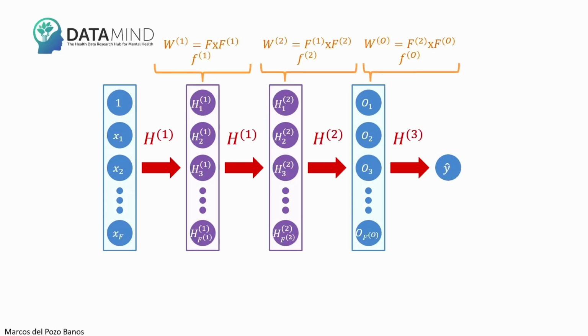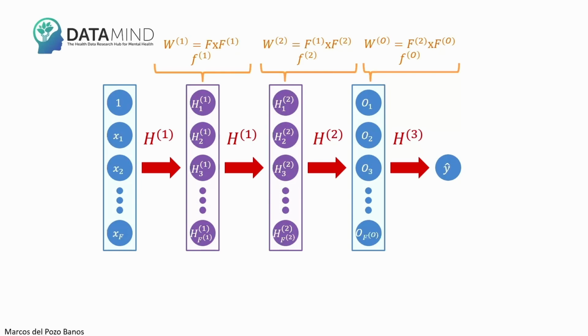Now, bear with me as we go through the mathematics behind artificial neural networks. I know it is going to look like a lot, but I promise you it's just the same thing applied over and over and over again.